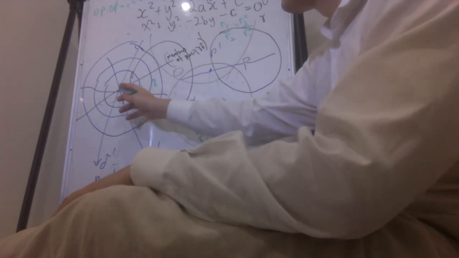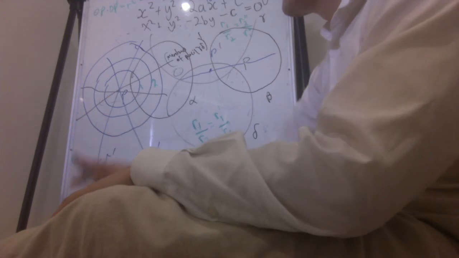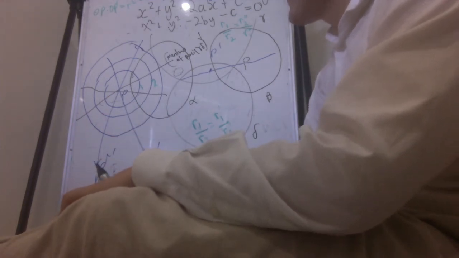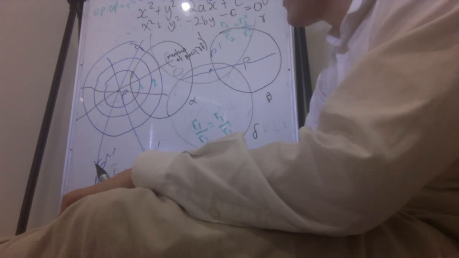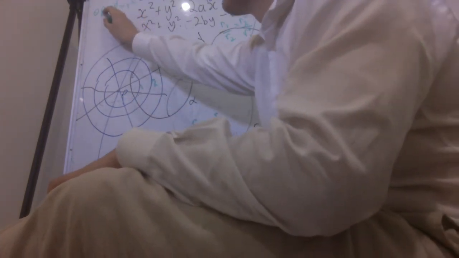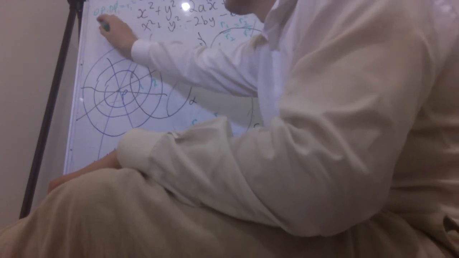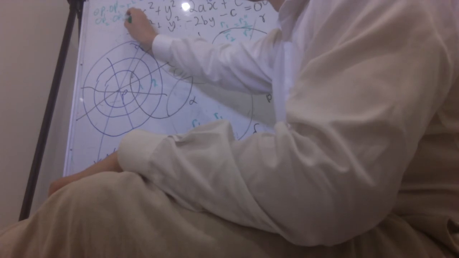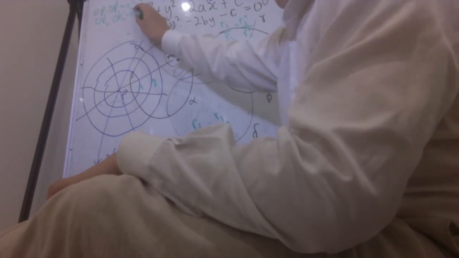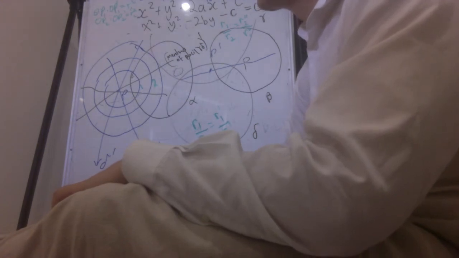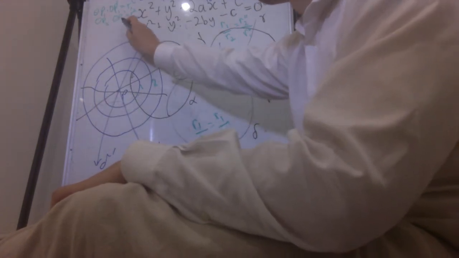So the radius. How do we get the radius of the concentric circle? If you have OP1, and OP1 times OP1 prime is R1 squared, and you're saying OP2 times OP2 prime is R2 squared.